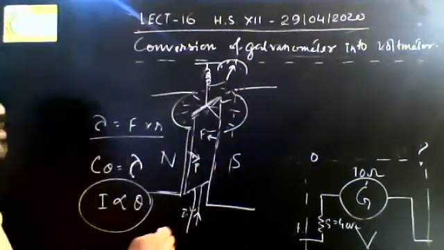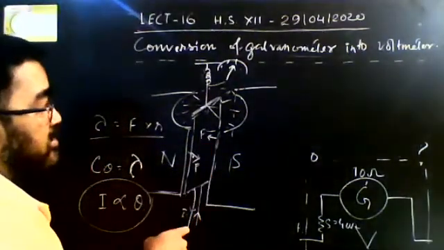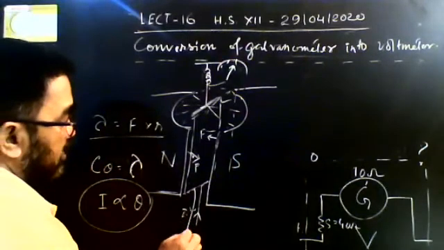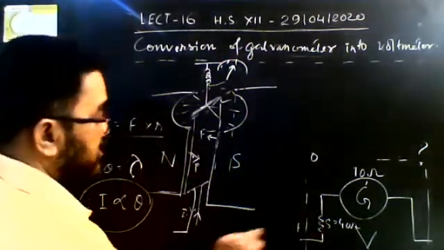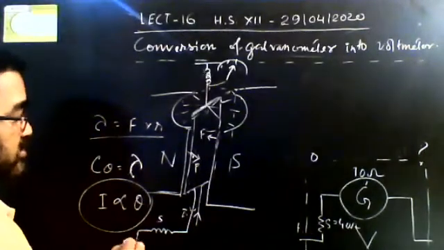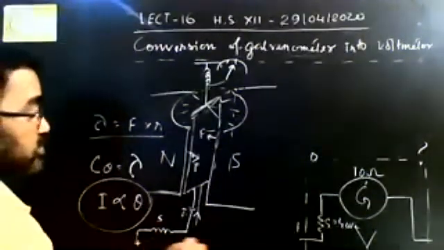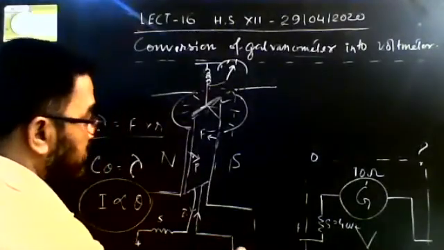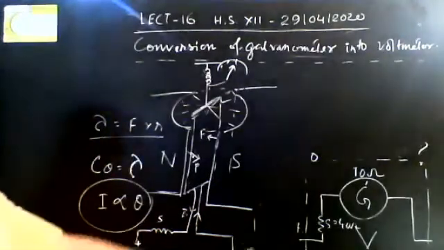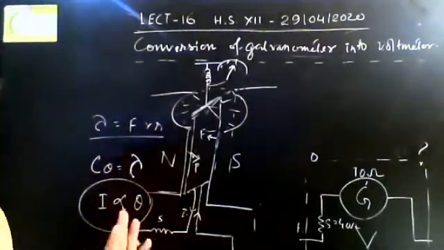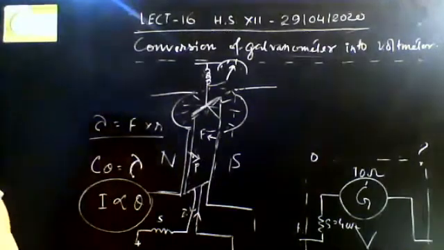Now, as soon as you connect this with a shunt resistance, suppose the shunt resistance is S, then this is the positive point and this is the negative point, then it will become a voltmeter. This is the point.